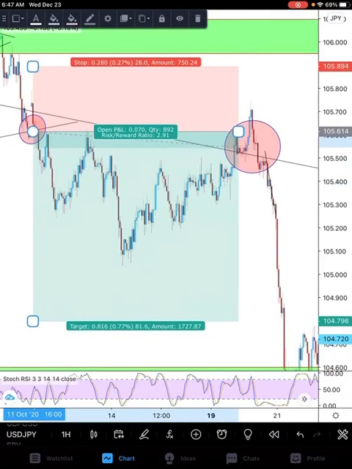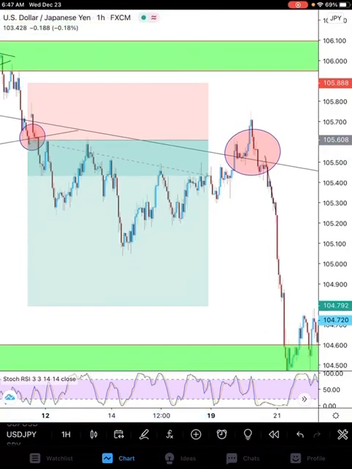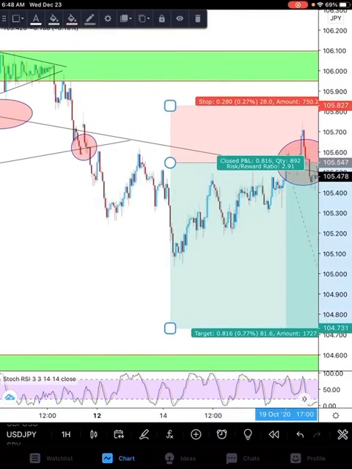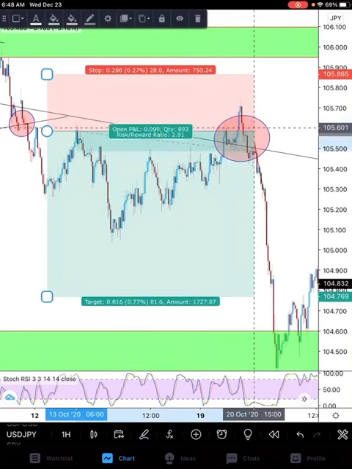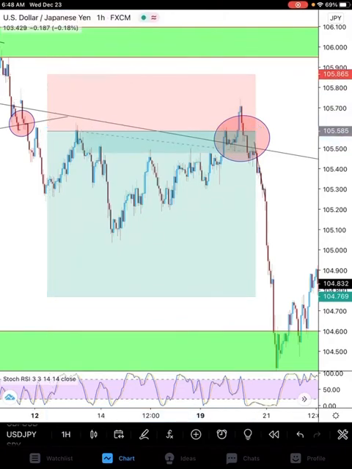What would happen, and this happens from time to time, especially if your entries are not on point, the market would have came back, stopped you out. So from that $400, you would have went like negative 150, 160.